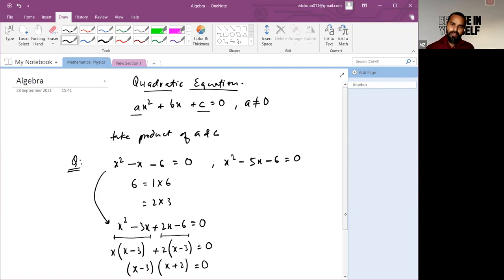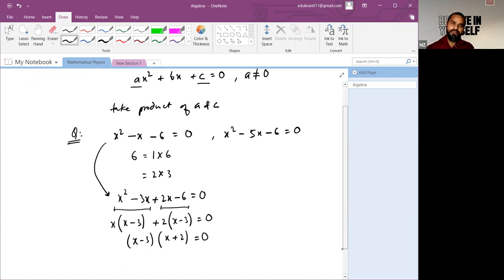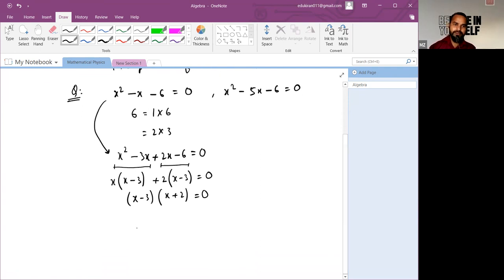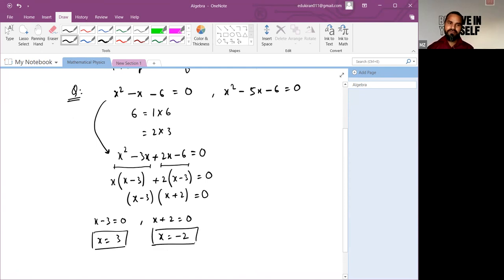It would be possible only if either of the two terms is 0. So we can write x minus 3 equals 0 or x plus 2 equals 0. So from here, x equals 3 and x equals minus 2. So these are two different values of x for which this equation is correct. Is it clear?